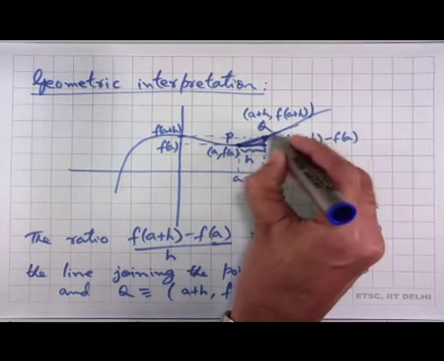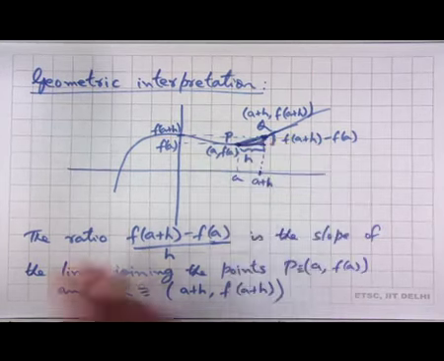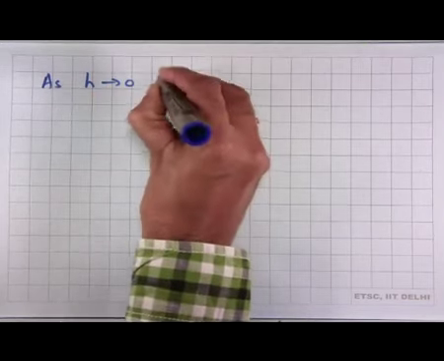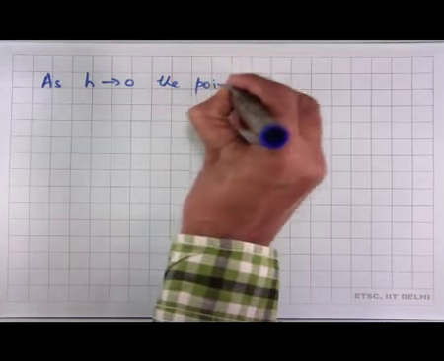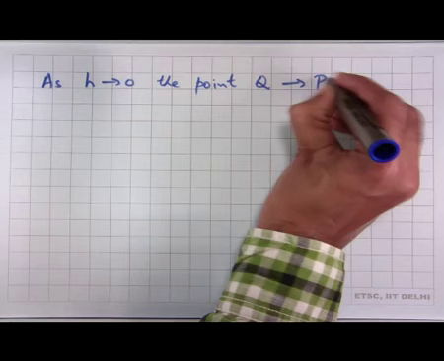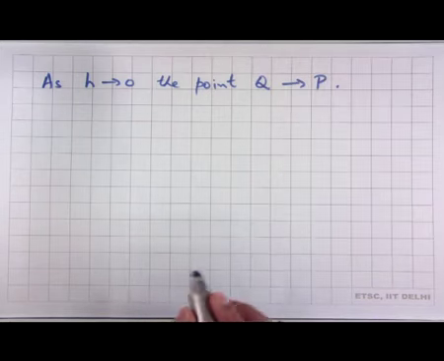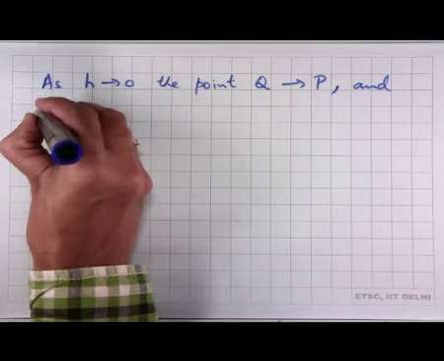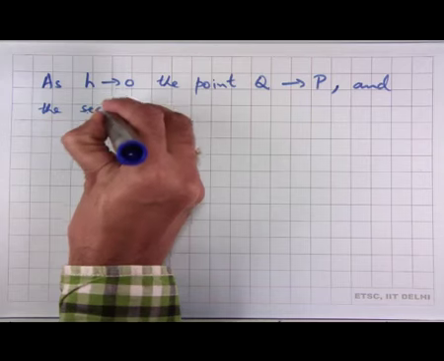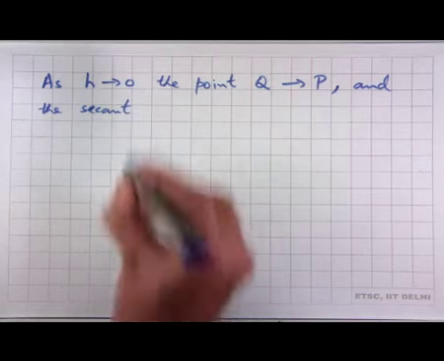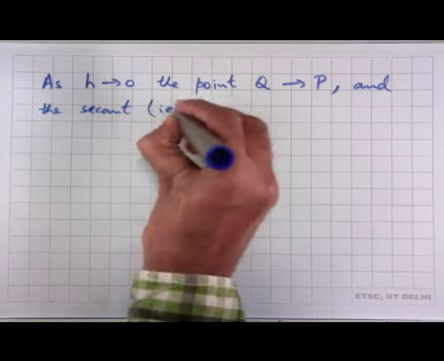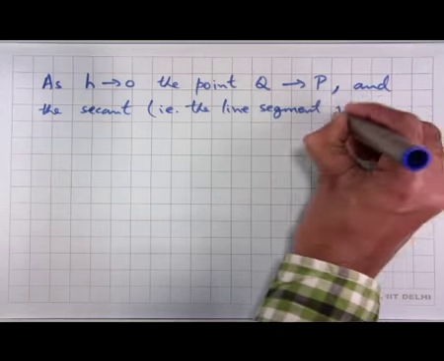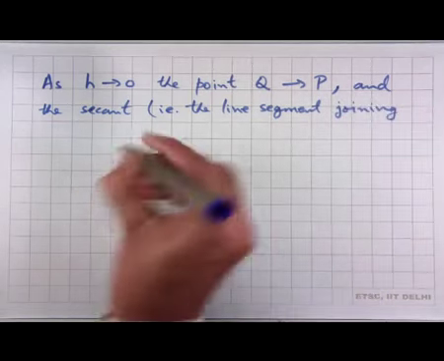If you see from this graph, as h approaches 0, this point Q approaches P. As h tends to 0, the point Q tends to P. And what happens to the secant, that is the line segment joining these points on the curve, that is, the line segment joining P and Q?